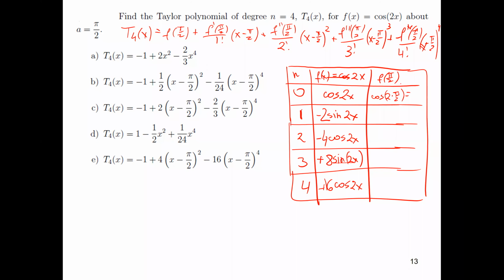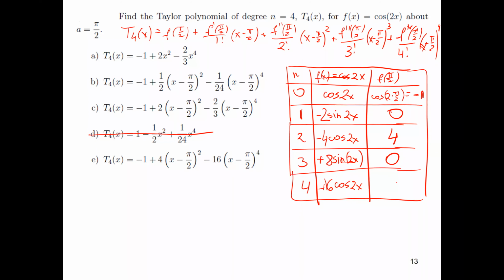Sine at pi is actually 0, I like this. Negative 1 times negative 4 will be positive 4. Negative 1 times 16 will be negative 16.